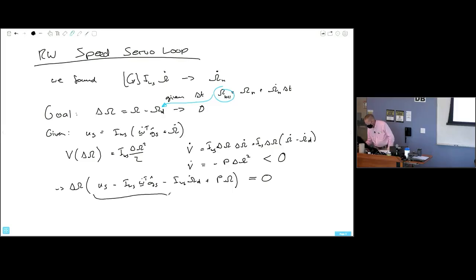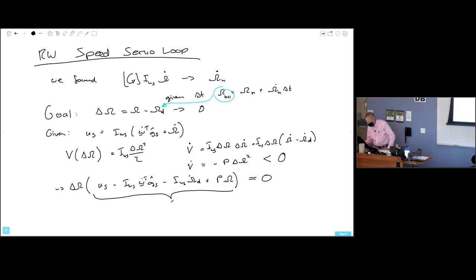Yeah, solving for the US. In here, it's just a 1D, so you could divide by del omega and say, well, as long as it's not 0, I'm fine. But really, the other argument is this has to be true regardless of my initial tracking errors. I need to be able to achieve this, right? So I cannot count on del omega being 0 to drive it to 0. So that means the other term must always be 0. That's the classic argument.